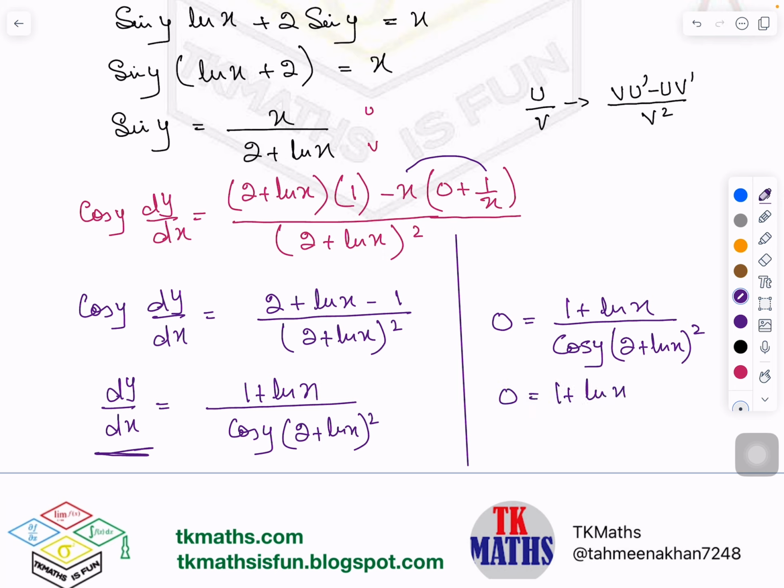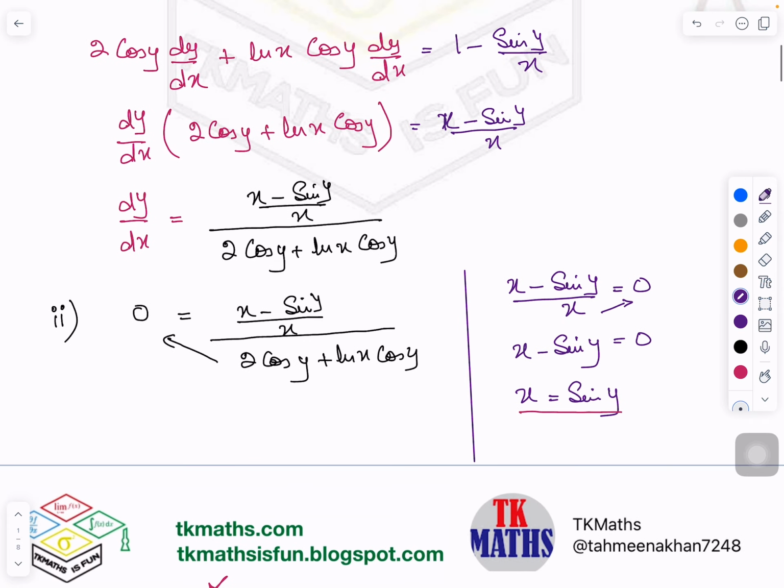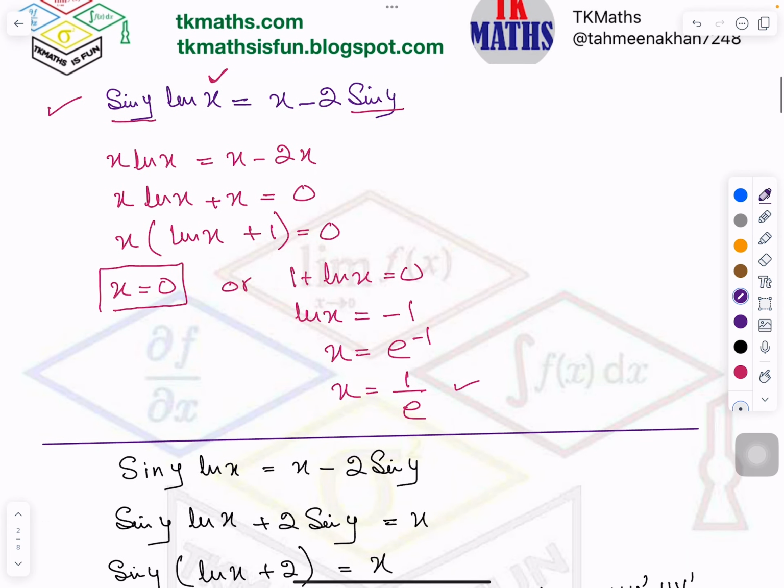So if I am solving part 2, from here onward it will be only one step. ln x equals minus 1 and x is equal to e power minus 1, which is 1 over e, right? So part 2 is only 3 steps, whereas in the previous case, part 2 was very long because of the form we were getting.